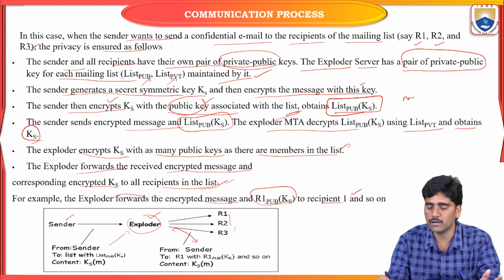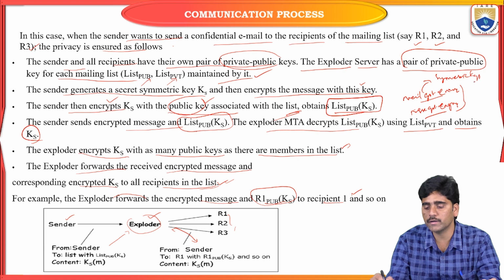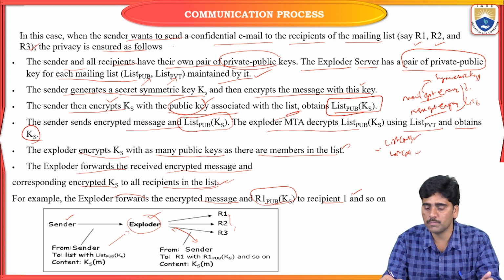So here the mail got encrypted as well as the message also got encrypted, and both are encrypted using symmetric keys, which contain a list of public keys as well as a list of private keys. So with the help of this list of public keys and private keys, the exploder sends mail with the help of these keys to the receiver side.